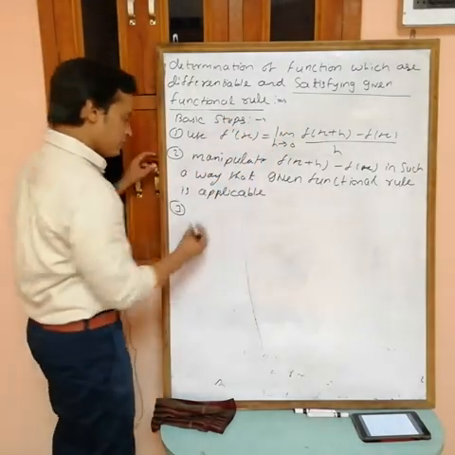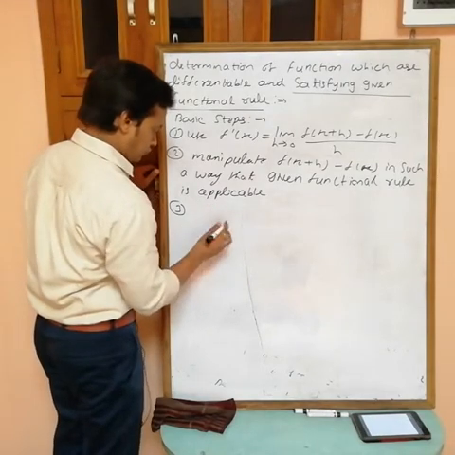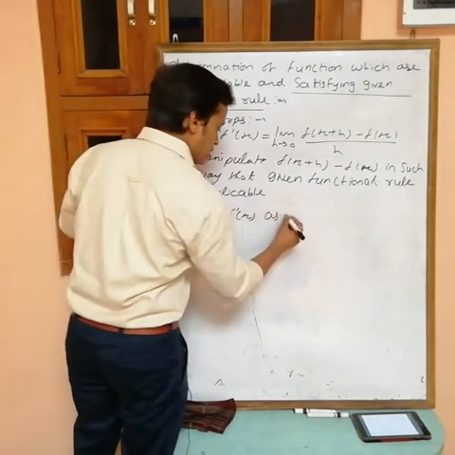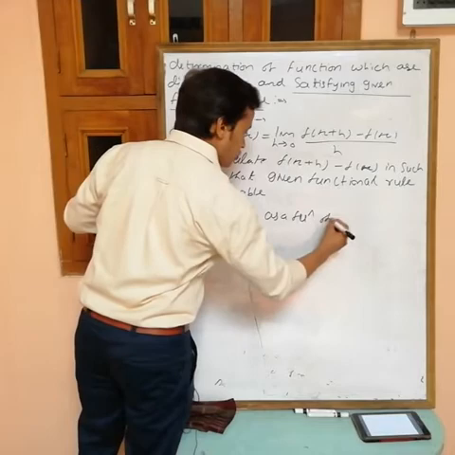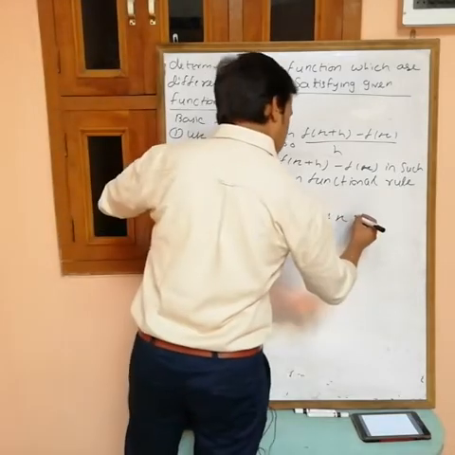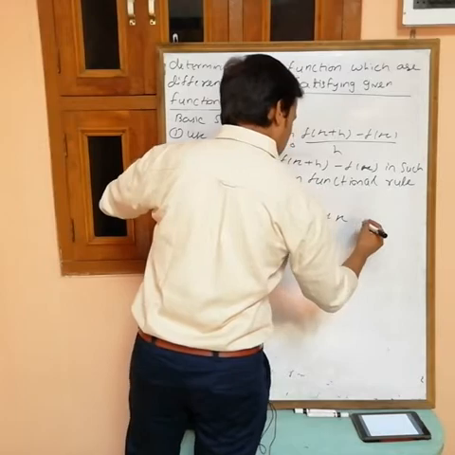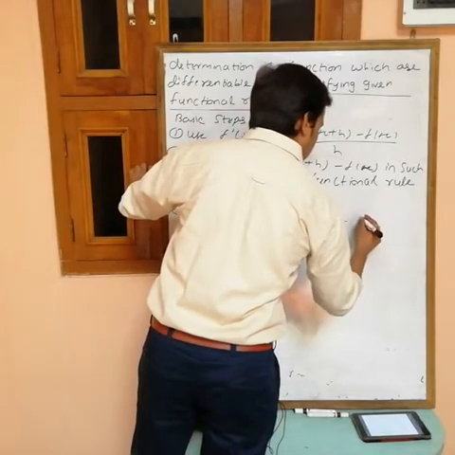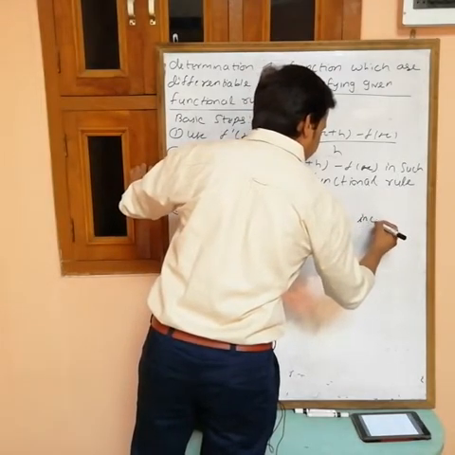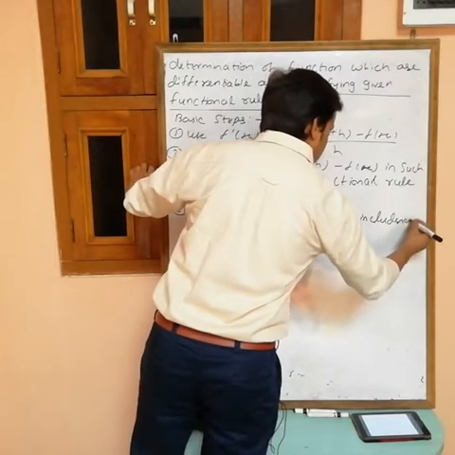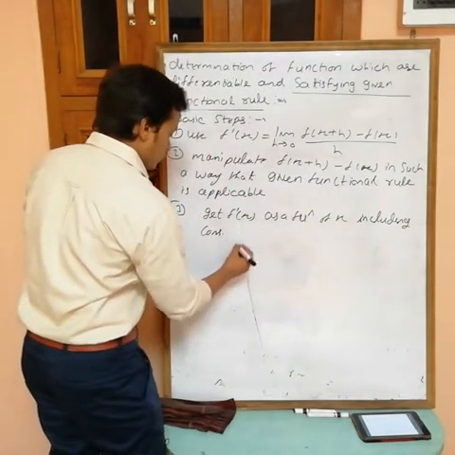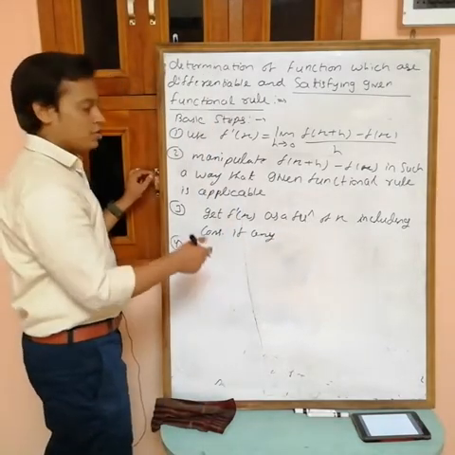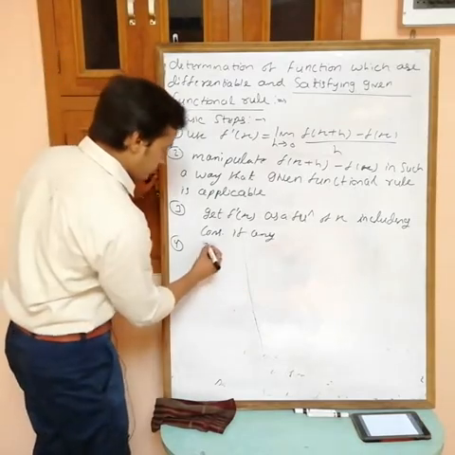So third step is get f dash x as a function of x, and including constant if any. Then fourth one, by integration, integrate f dash x to get f(x).